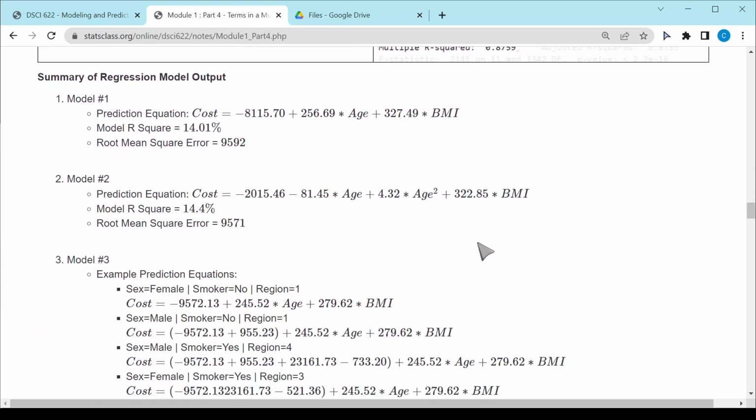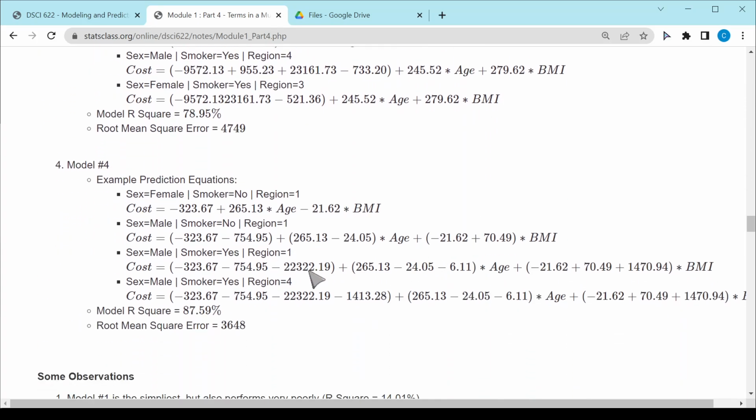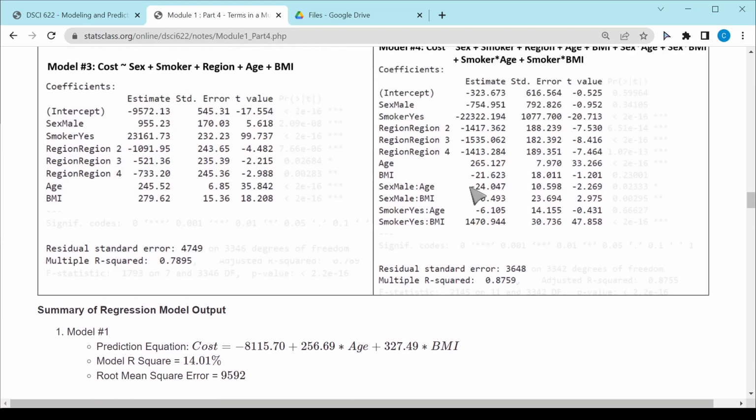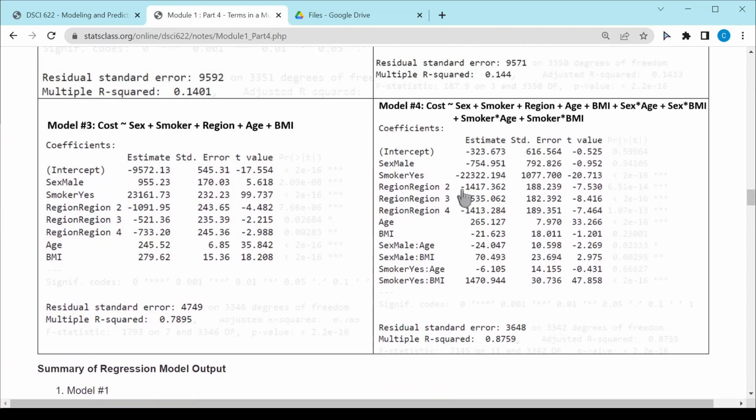So let me show you that down below. Here I'm talking about model number 4. If I have a female non-smoker from region 1, what terms am I going to pull off from this model?